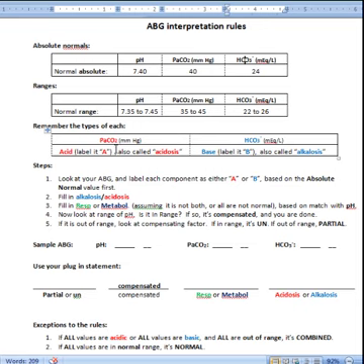Remembering that CO2 acts as an acid in the body and bicarb acts as a base, then we move on to our interpretation methodology. We'll look at our ABG and label each component as either A for acid or B for base, based on the absolute normal value first. That is, is it on one side of 7.40, less, in which case it would be acidic, or the other side of 7.40, which would make it basic if it's greater.